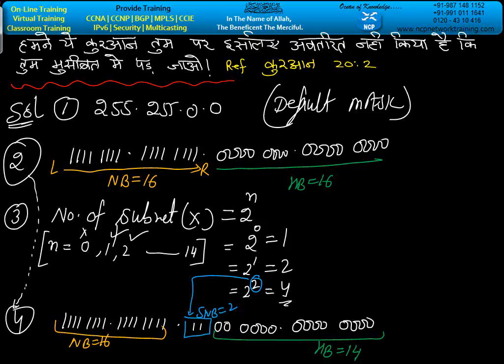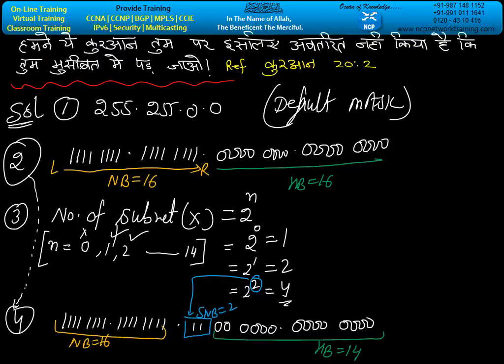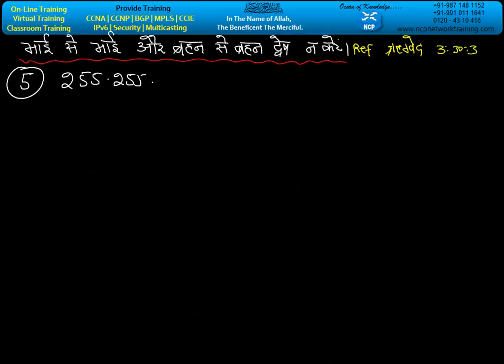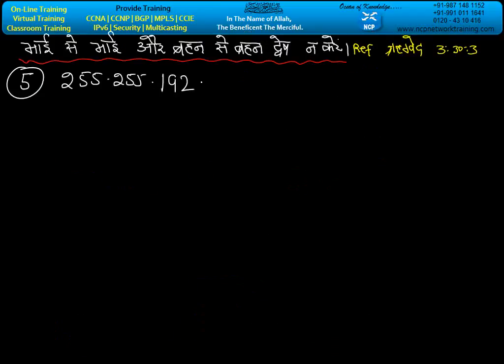We have completed the fourth step. Come to the fifth step. 255.255, and if we turn on the 2 bits in step number 4, the value of the 2 bits will be 128 or 129, 192, because the power of this bit is 128 and the power of this bit is 64.0 in the fourth octet.